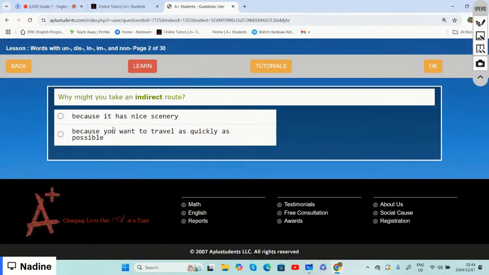All right, so why might you take an indirect route? An indirect route.